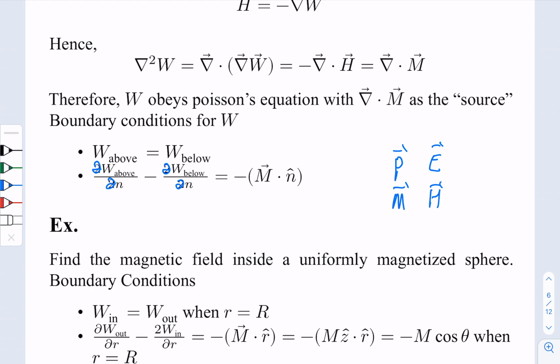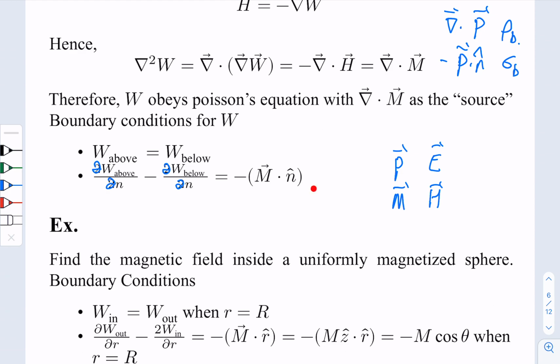If you remember, del dot M is the expression related to the bound volume charge, and P dot n is related to the bound surface charge. That is why it's written as M dot n, following the same logic.